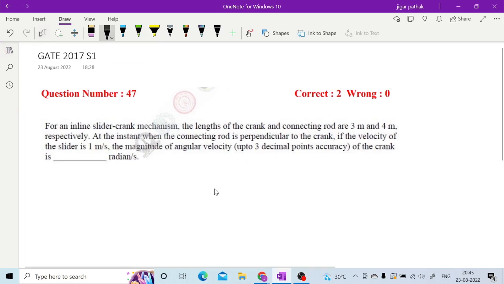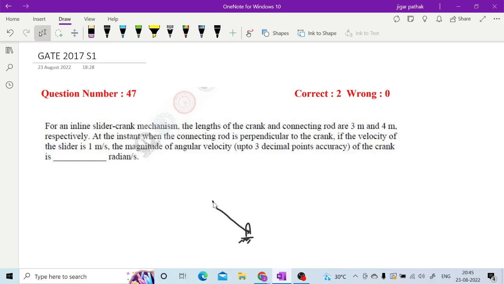First you have to have an idea of what they are asking. In a slider crank mechanism, the connecting rod is at 90 degrees to the crank. This is the condition given. Now you are asked to calculate omega 2. How are you going to calculate it?